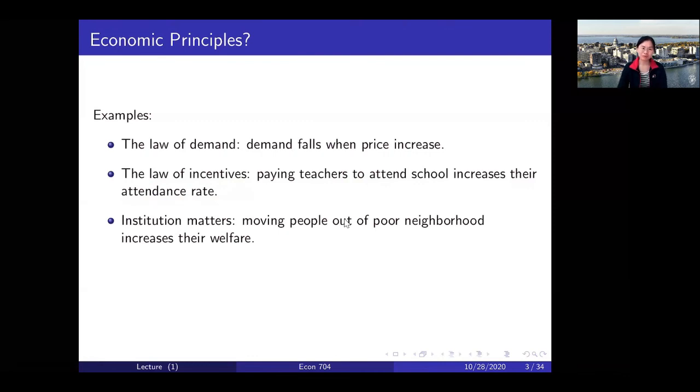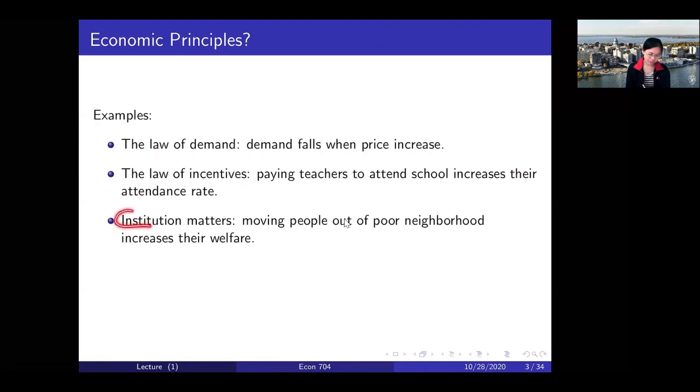They're supposed to, but there is no mechanism there to ensure that they do attend schools. So there are some people who study how teachers respond to incentives when they decide whether to attend school or not. So that would be the law of incentives. Paying them to go to school, they will go to school. That's a relationship between the pay and the action of attending school.